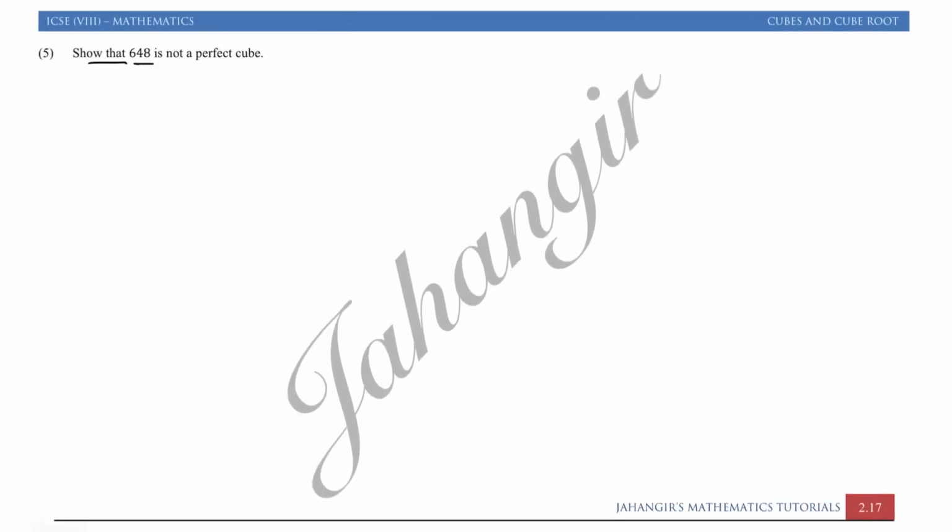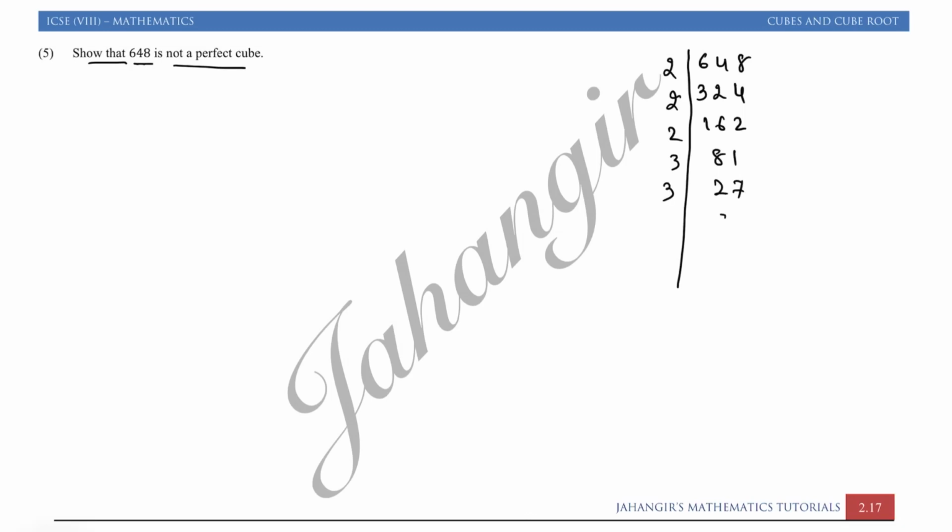Show that 648 is not a perfect cube. To show that it is not a perfect cube, you have to show that all factors are not in pairs of 3. 648, so 2 threes are 6, 2 fours are 8, 2 162, 2 81, 3 27, 3 nines are 27, 3 threes are 9, 3 ones are 3.